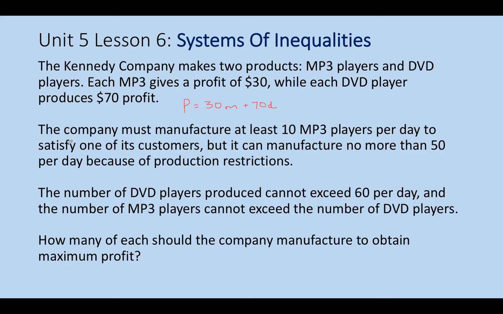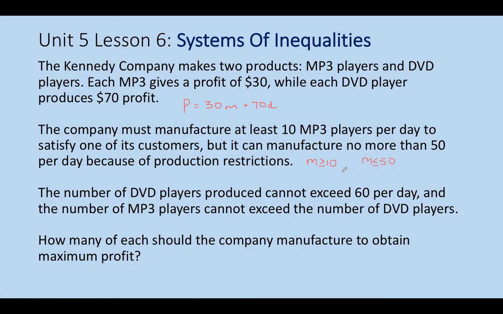All right, so here are the other qualifications. The company must manufacture at least 10 MP3 players. So if M stands for MP3 players, then M has got to be greater than or equal to 10. And it can manufacture no more than 50, which means M has got to be less than or equal to 50.